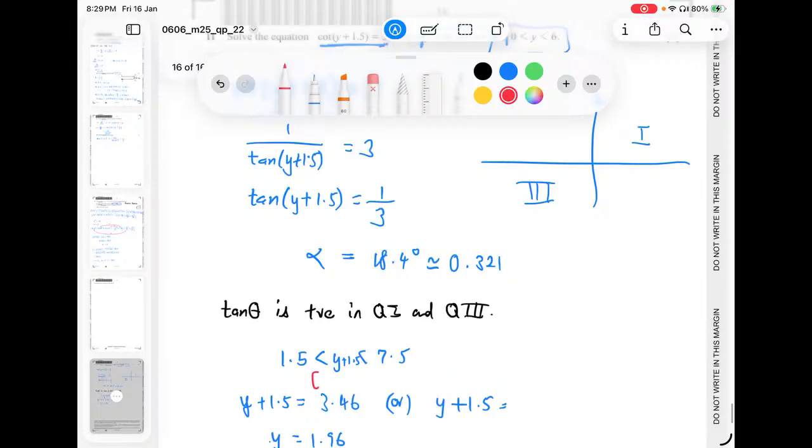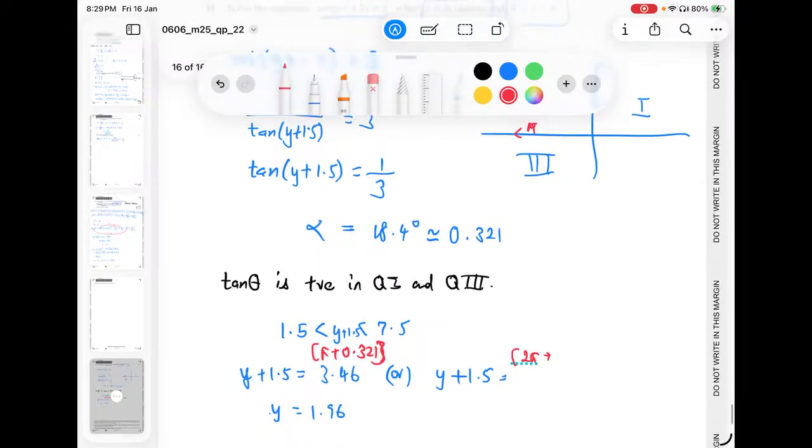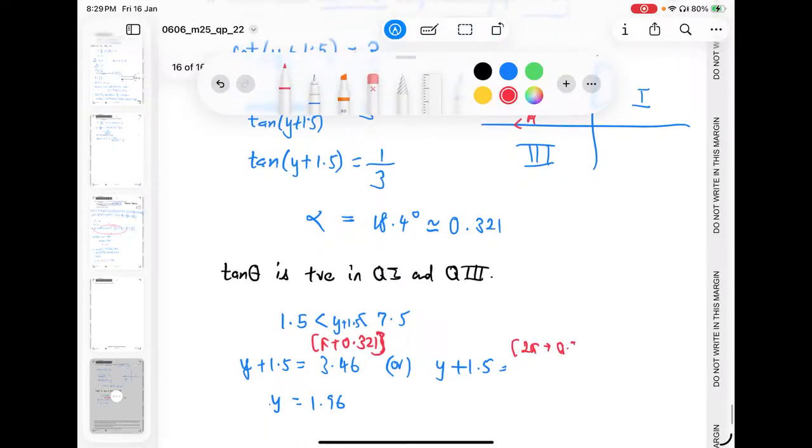Basically in the third quadrant, after pi, after 180 degrees, it is going to be pi plus 0.321. And here what we are going to do is 2 pi, because after 2 pi, 360 degrees, you can go for another round, and in the second round you just add the 0.321 because in the first quadrant tan is positive.